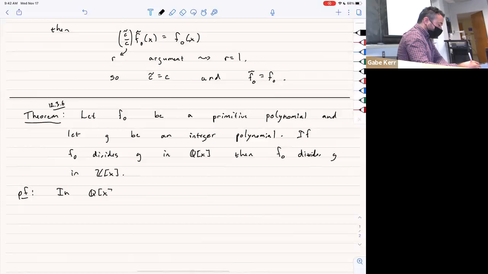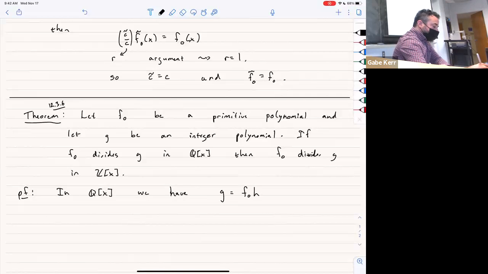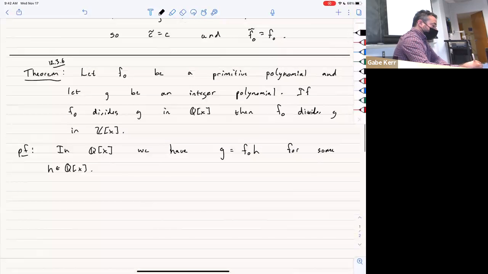So we have G is equal to F naught times H. But now, as I just said, we want to use this result we just had, that any rational polynomial can be factored as a rational number times a primitive polynomial.